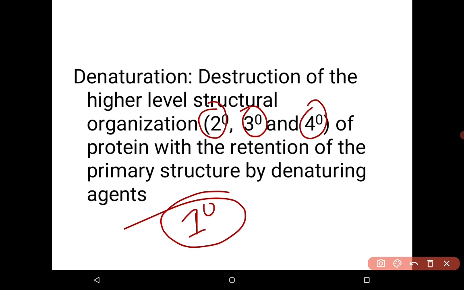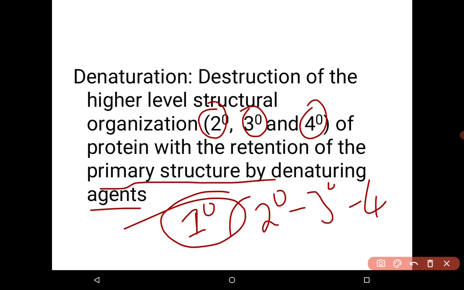The primary structure is always maintained, so that when the denaturing substance is removed, the protein can go back to form the secondary, the tertiary, as well as the quaternary structure.